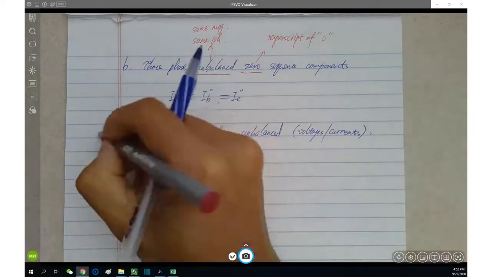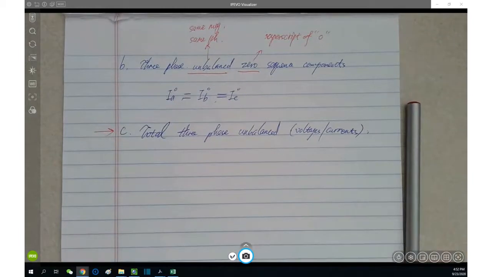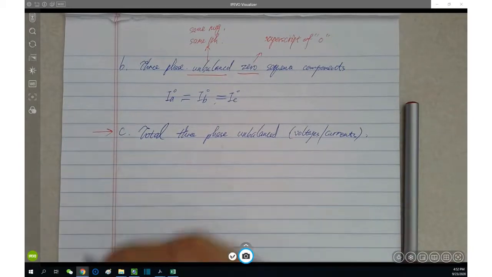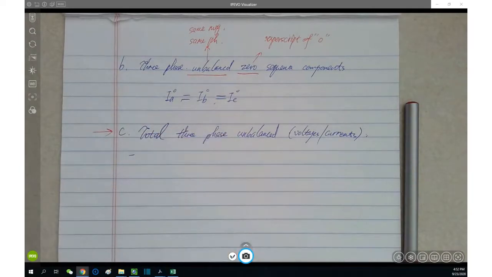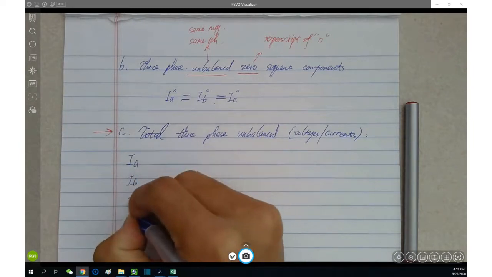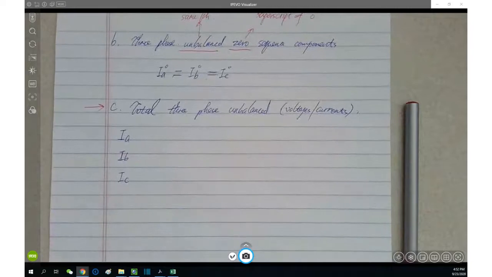Due to positive sequence, negative sequence, and zero sequence, we come up with the total three-phase unbalanced. Let's once again use the current as the example. So total current for three-phase is obviously just IA, IB, and IC. We have been using that quite a bit.